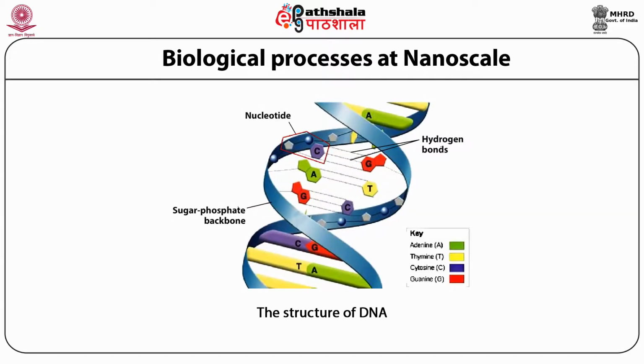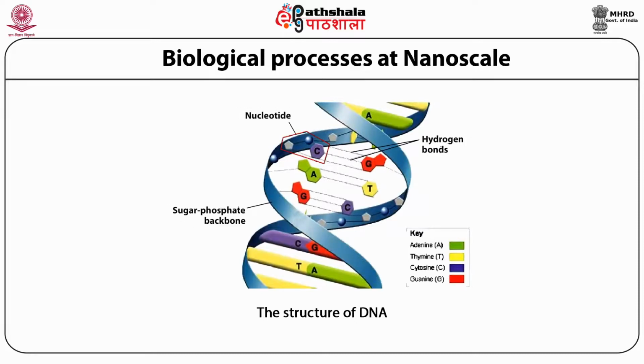DNA is located in the cell nucleus, and the information encoded in DNA is stored as a code made up of 4 chemical bases, that is adenine, guanine, cytosine, and thymine. All the control processes occur in a 2 nanometer diameter strand.